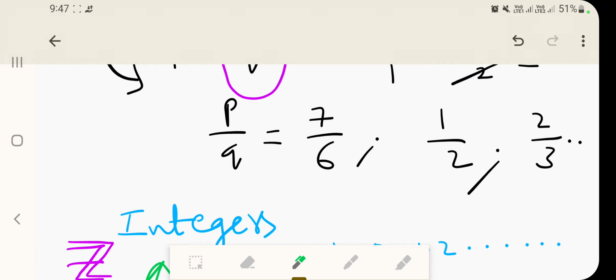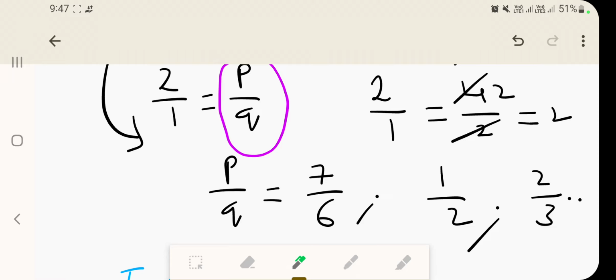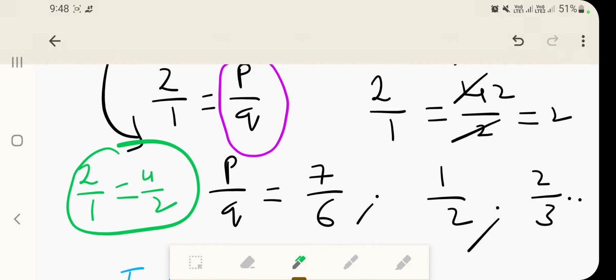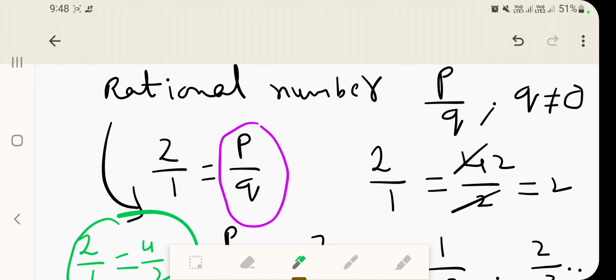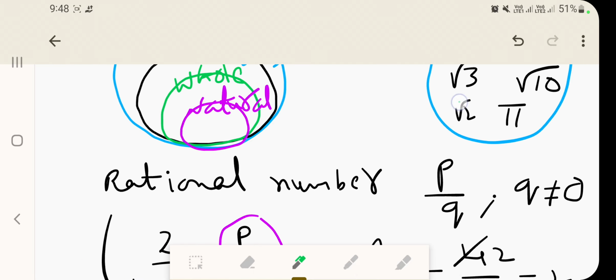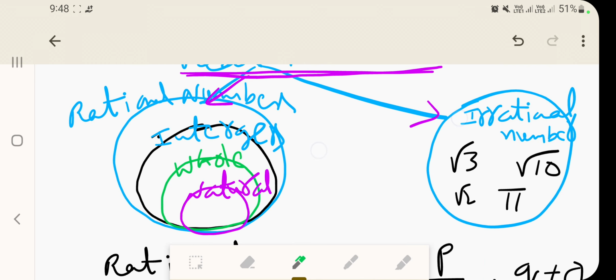Now, as I explained earlier, if you write 2 as 2 by 1 or 4 by 2, then integers we can call rational numbers. I'll tell you again the difference, starting from natural numbers, bottom to top.